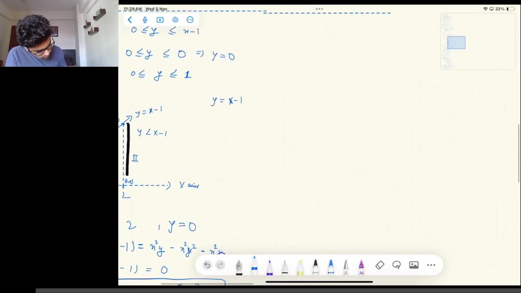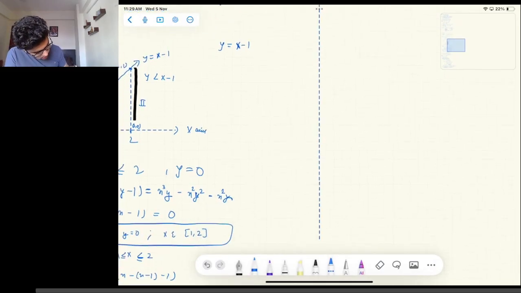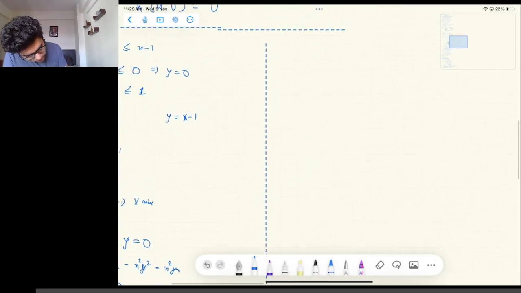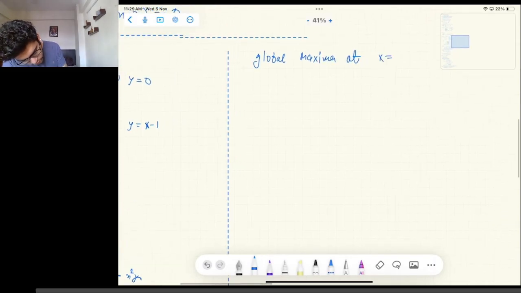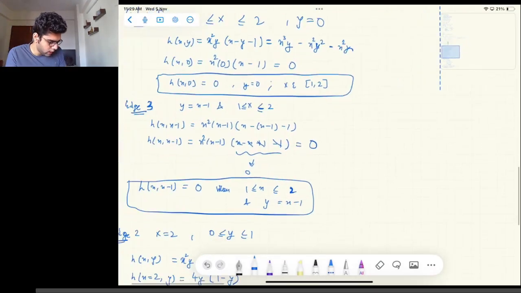Now we can write our global maxima and minima points. So I have my global maxima at x is equal to 2, y is equal to half, which is h of 2 comma half equals 1, right?